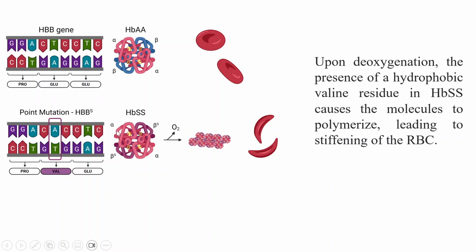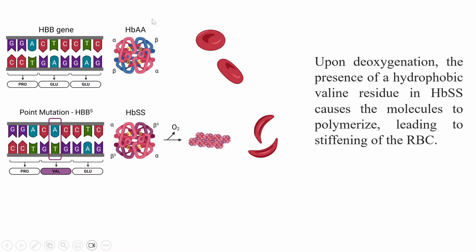So I told you hemoglobin has 4 subunits, 2 alpha and 2 beta. One point mutation, one base change can lead to a complete disorder, which leads to sickle cell anemia. This is the cartoon form of the hemoglobin structure, where we have 2 alpha subunits and 2 beta subunits.